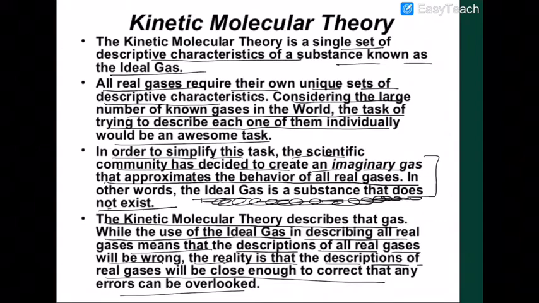So you know that a real gas can behave like an ideal gas at extremely low pressure and extremely high temperature. So you can say that an ideal gas is a very thoughtful ideal case of a real gas.